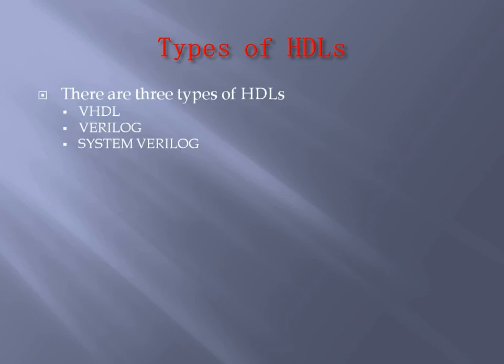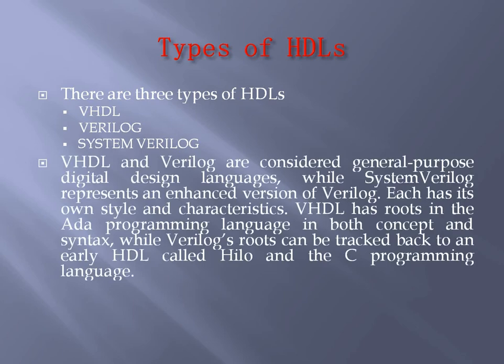Now, what are the types of HDL? There are three basic types of HDL: VHDL, Verilog, and System Verilog. VHDL and Verilog are considered general purpose digital design languages, whereas System Verilog represents an enhanced version of Verilog. Each has its own style and characteristics.